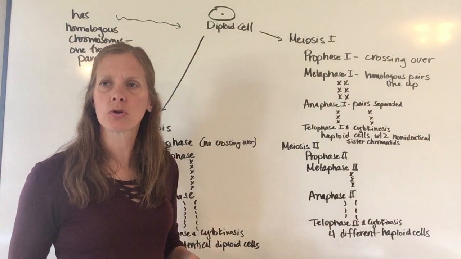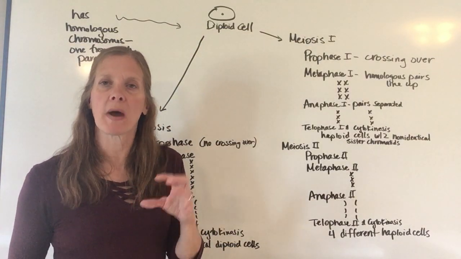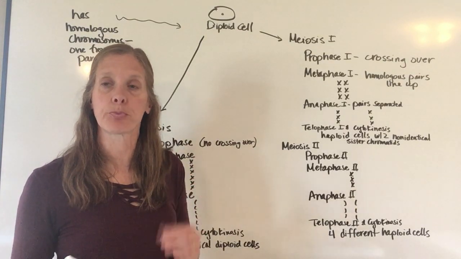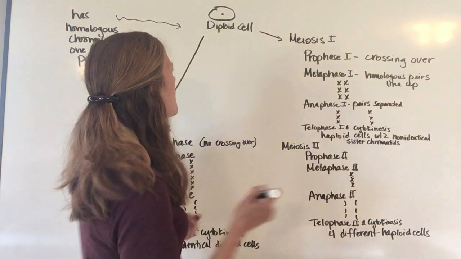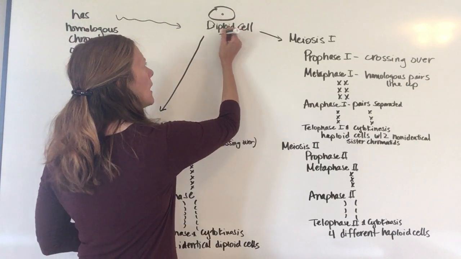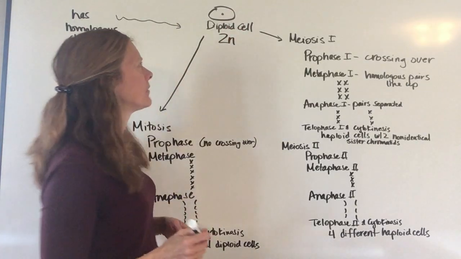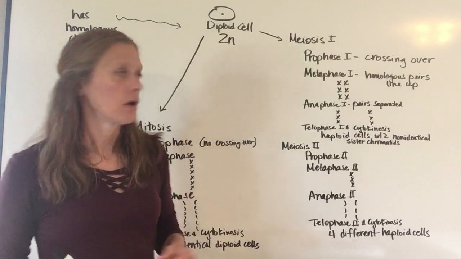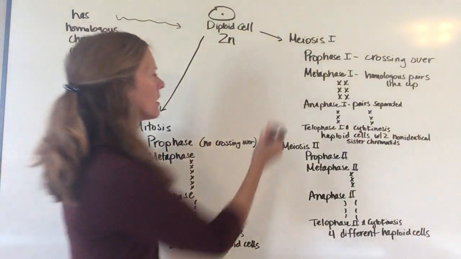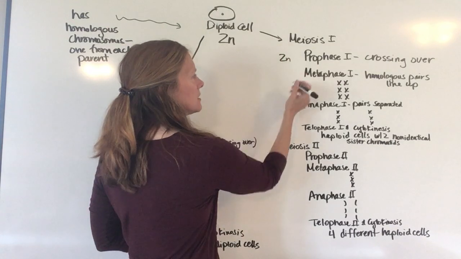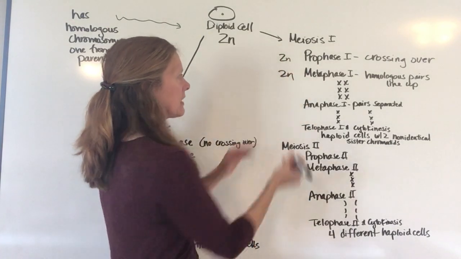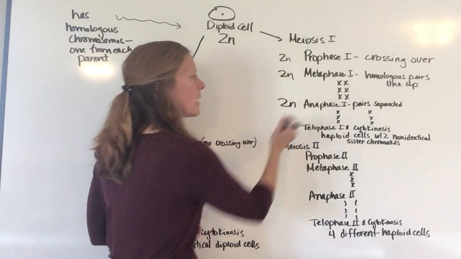So if I were going to use my N and my 2N, like you learned, that's how we code for diploid and haploid cells. When I start up here, I have a 2N cell because it's got double of everything. Okay, so in prophase, I'm still at 2N. In metaphase, I'm still at 2N. In anaphase, I'm still at 2N.